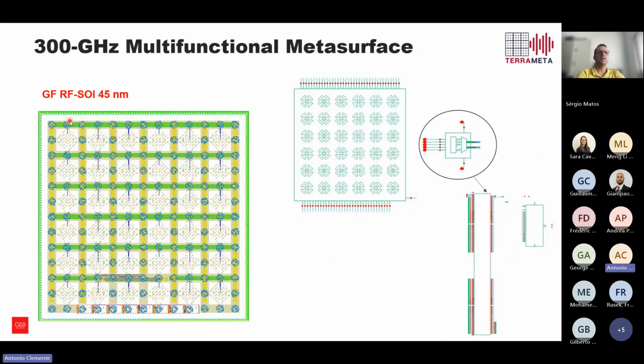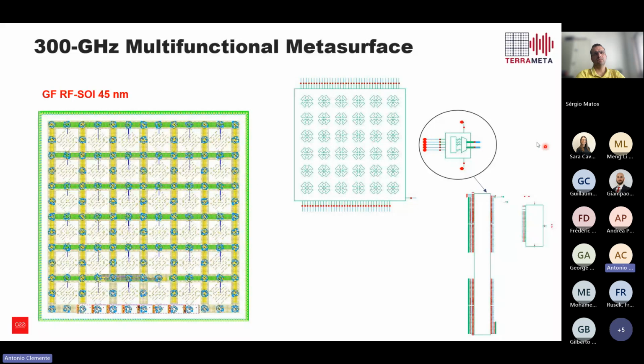In reality, in the IC, you have not only one antenna, but you have an array. You have a subarray. So at the end, you have a tile technology, and we can integrate different ICs in the PCB to have a scalable metasurface. In the IC, there are 5 by 5 elements on each IC.